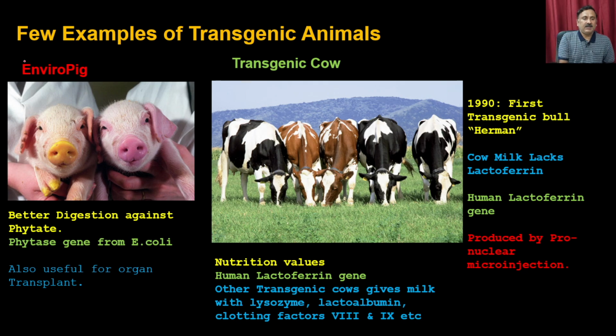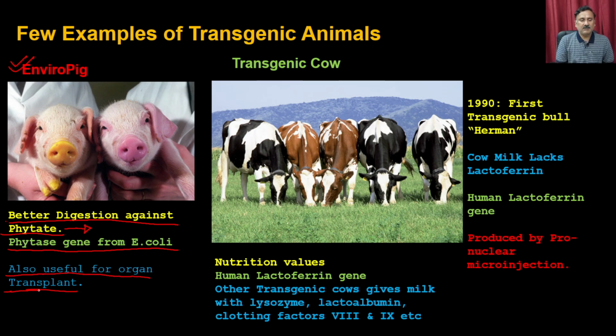Then we have the Enviropig. Enviropigs are a pig variety with better digestion of phytate, and you do this by integrating the phytase gene from E. coli. Because of this phytase gene, it is going to digest some of the plant material. Pigs are also being used for organ transplant.